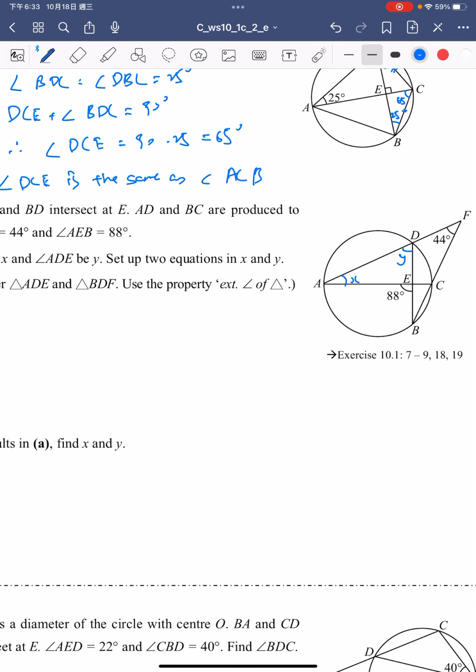So we can first write down X plus Y is equal to 88 degrees by using the exterior angle of triangle ADE. That's the first equation.